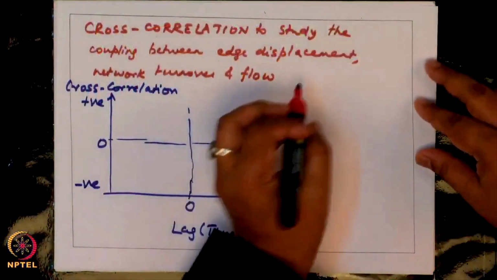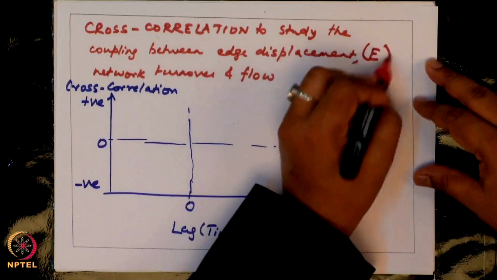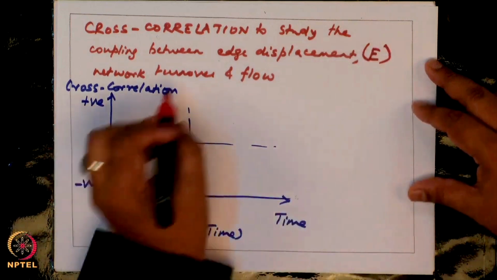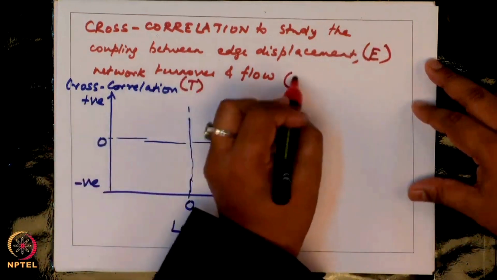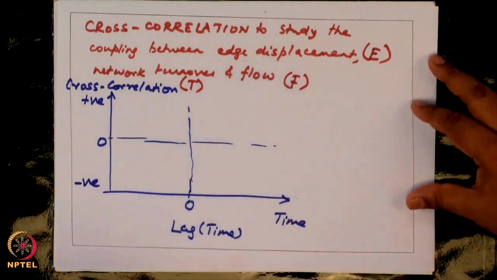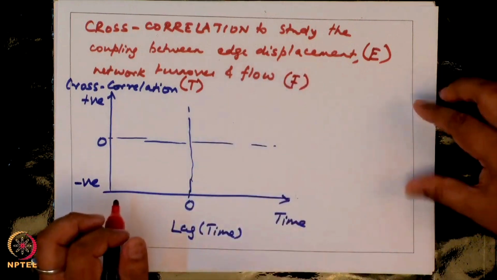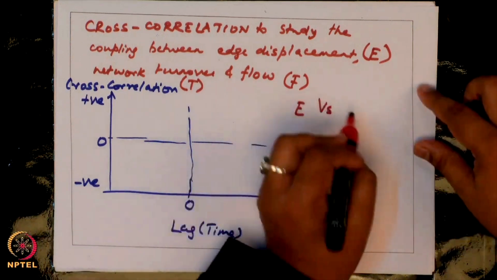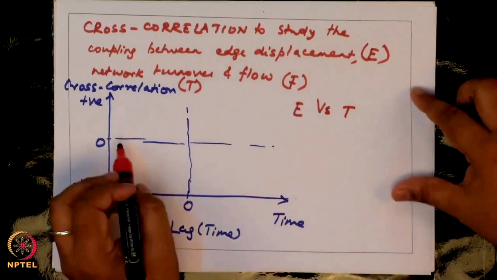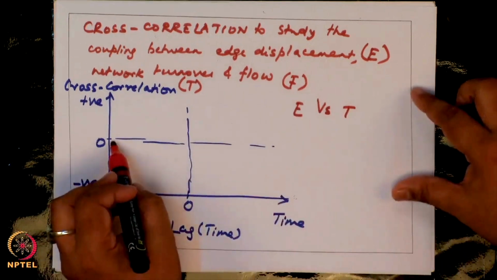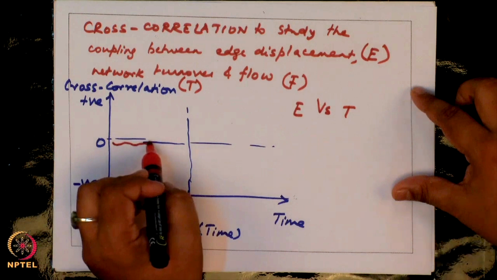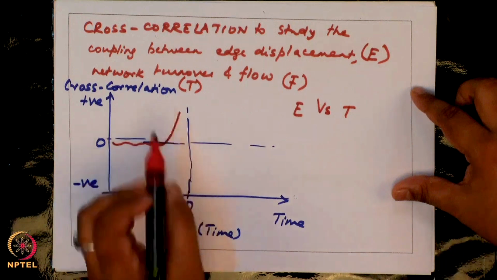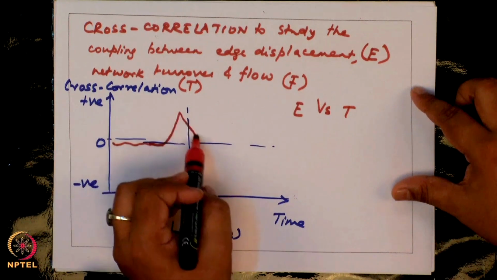So, what the authors found is that they did cross correlation between three things. Let us call the edge displacement E, the network turnover T, and the flow F. Let us first plot E versus T, and what they found was this curve looked something like this.